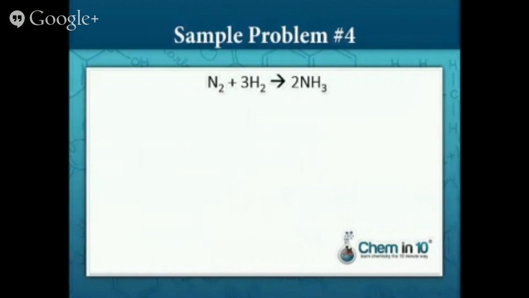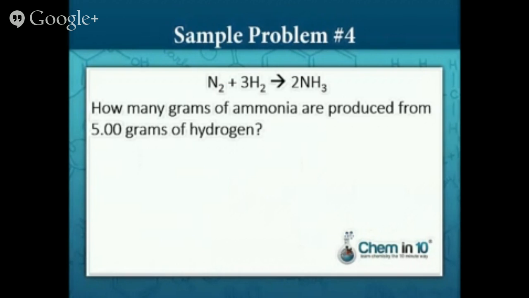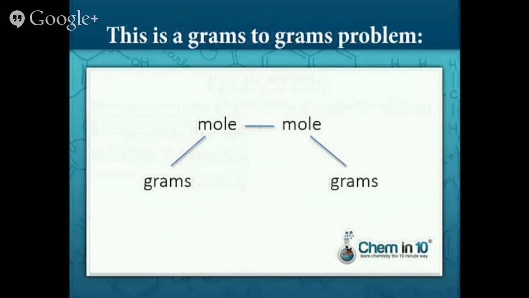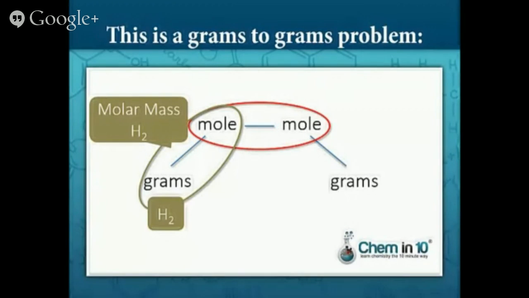Sample problem number 4. How many grams of ammonia are produced from 5 grams of hydrogen? We want to know the grams of ammonia, and we're given 5.00 grams of hydrogen. So in this problem, we're starting with grams of hydrogen. So we need to go from grams of hydrogen to moles of hydrogen.